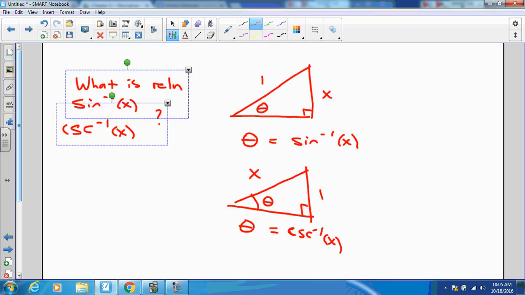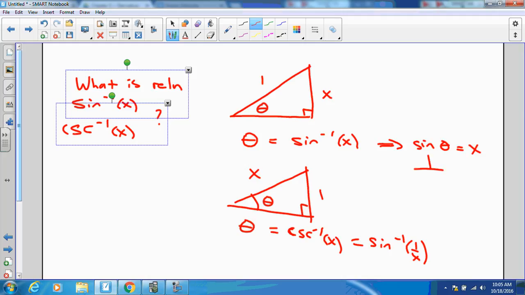And if we take a look at these two, we can see that the relationship is a reciprocal relationship. That the inverse cosecant of x is the same as the inverse sine of 1 over x. Now, if this is hard to see, we could also do it like this.